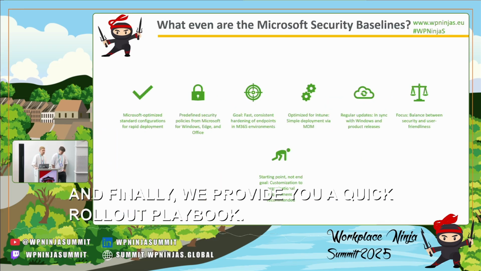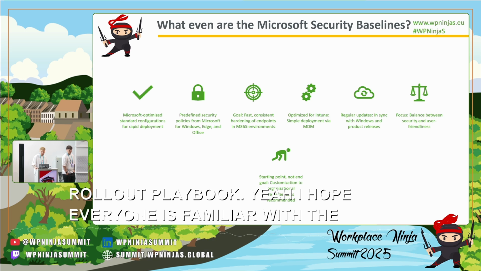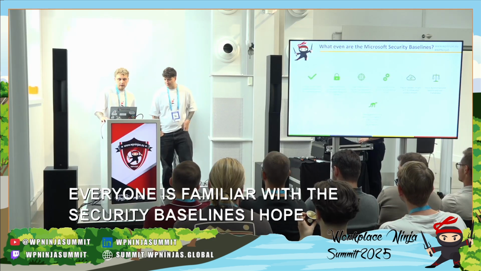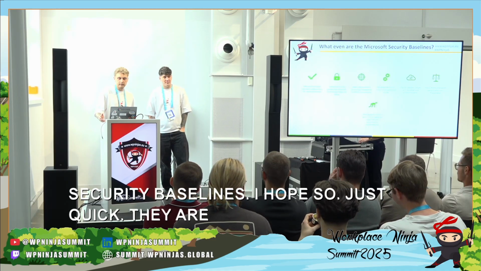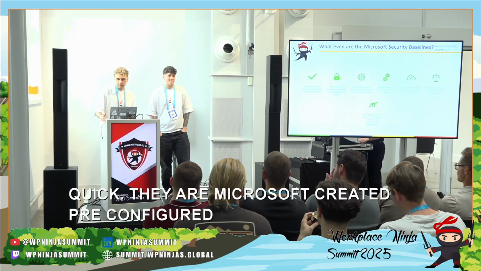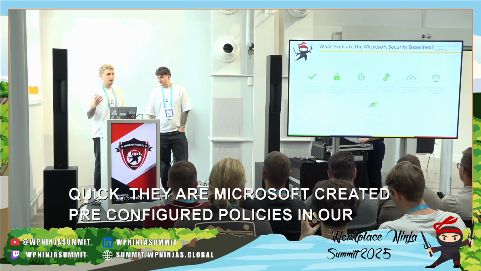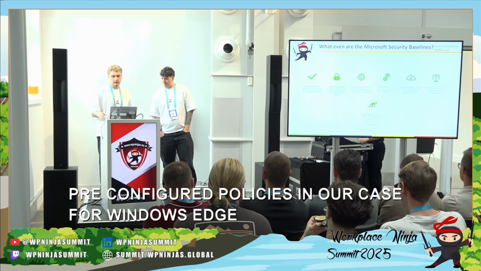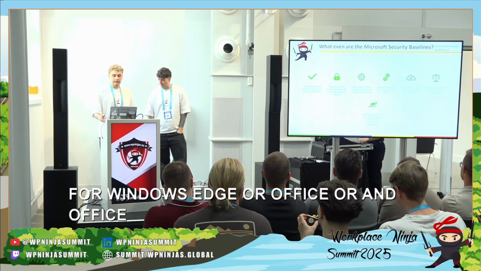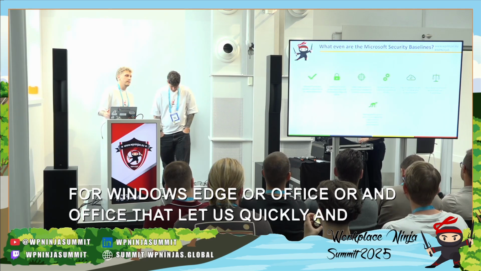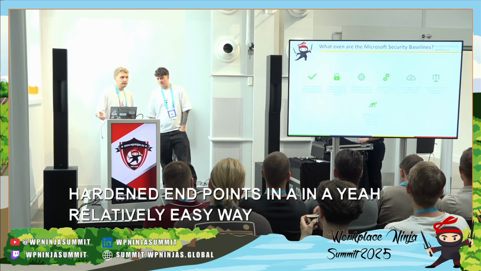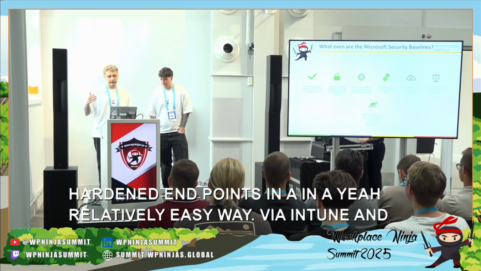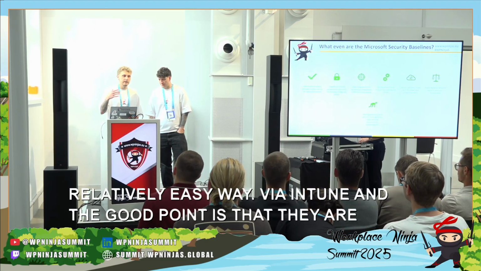I hope everyone is familiar with the security baselines. Just quickly, they are Microsoft-created, pre-configured policies, in our case for Windows, Edge, or Office, that let us quickly and solidly harden endpoints in a relatively easy way via Intune. And the good point is that they are aligned to each feature update.